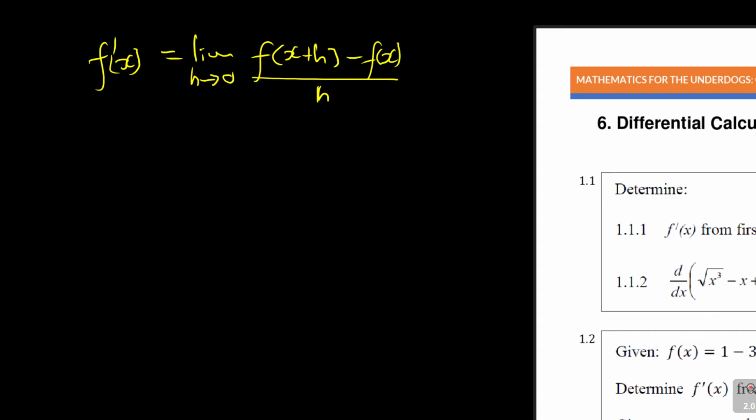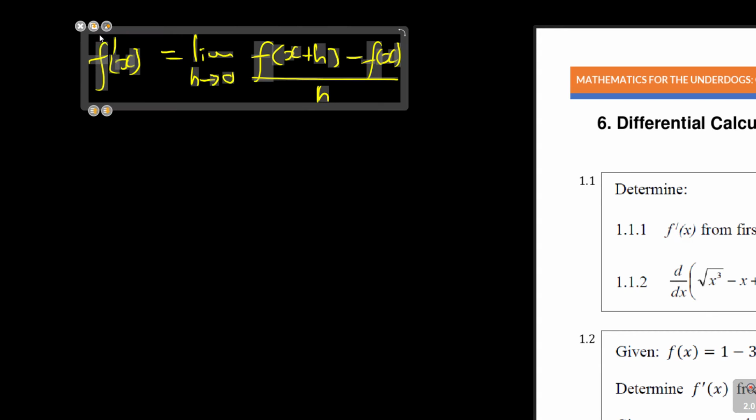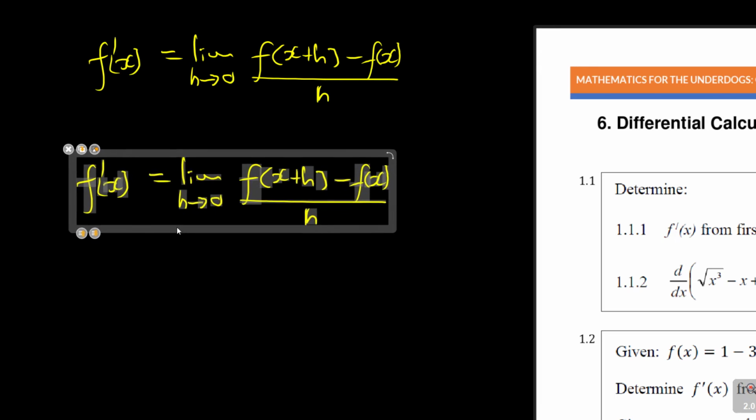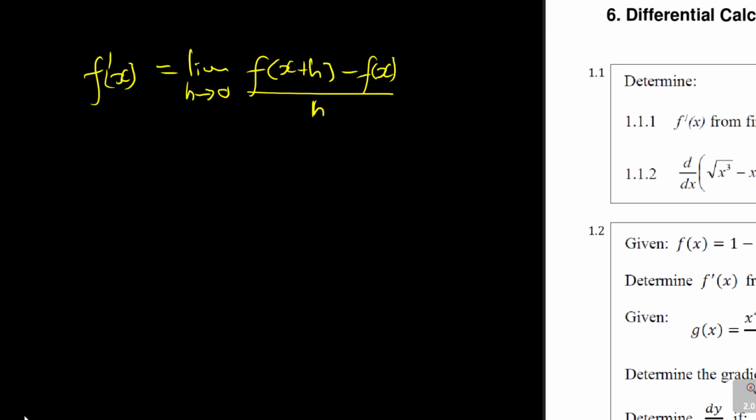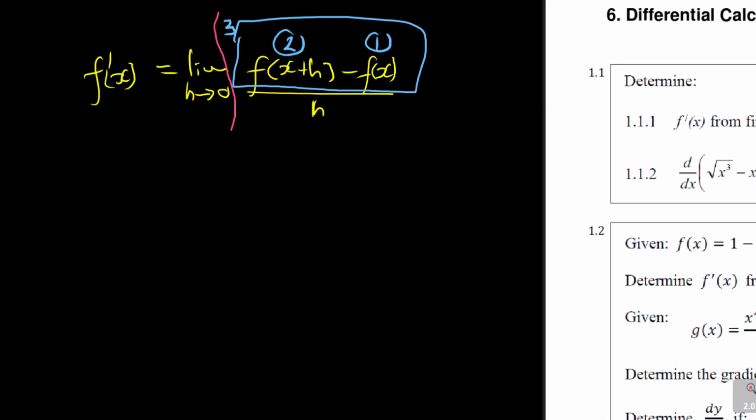As I said, let me copy it, and I just don't want to keep writing this. There it is. First principles is always this. As I said, you do it in parts. This will be your 1, this will be your 2, then this here will be your 3, and then this here will be your number 4. I hope you see what I'm doing.